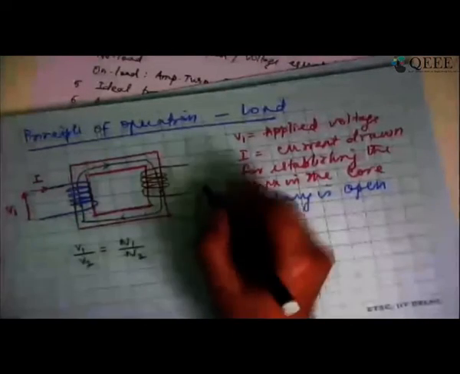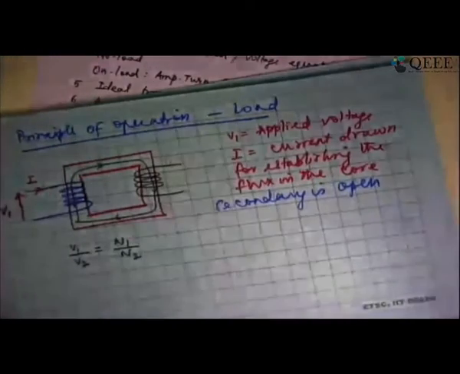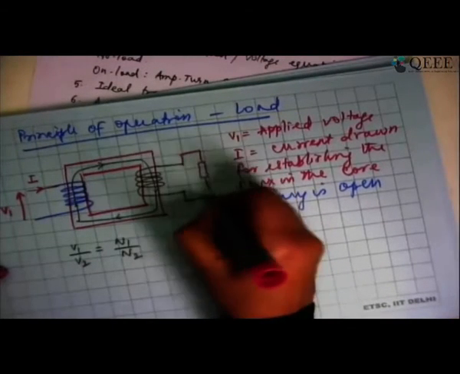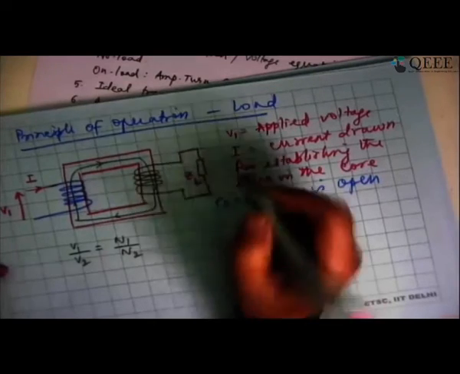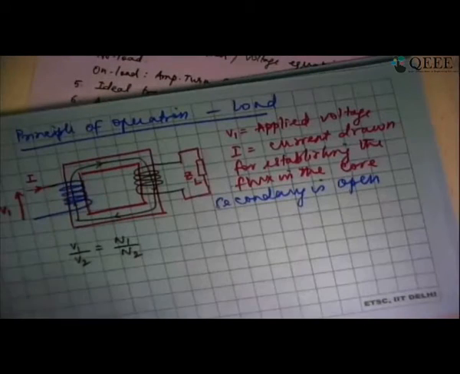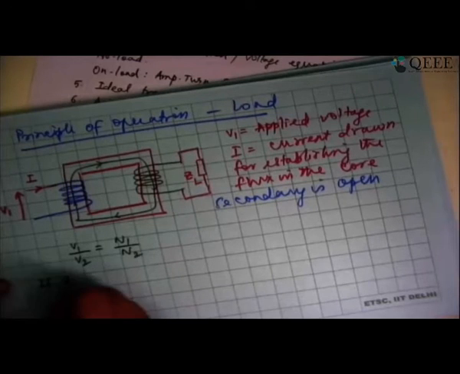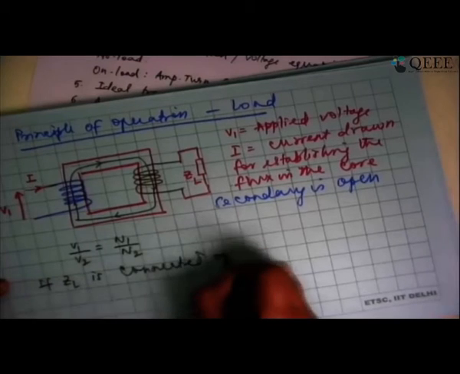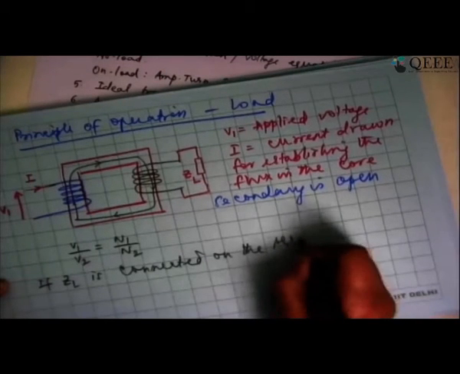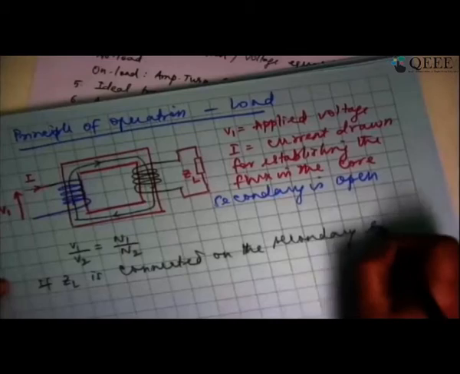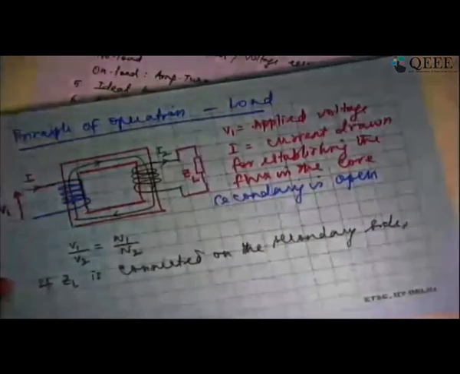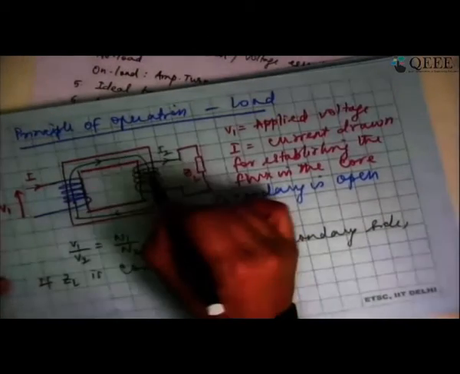Now let us say I connect a load on this side. Let me call that ZL. I am connecting an impedance on the secondary side. So if ZL is connected on the secondary side, then it is going to draw a current, let us say I2. The current drawn through the secondary winding is not going to keep quiet.